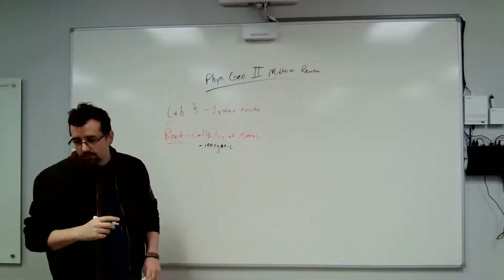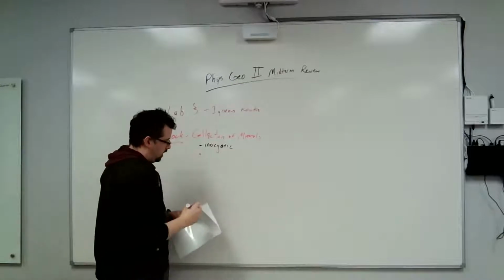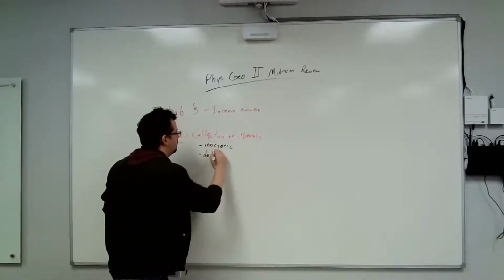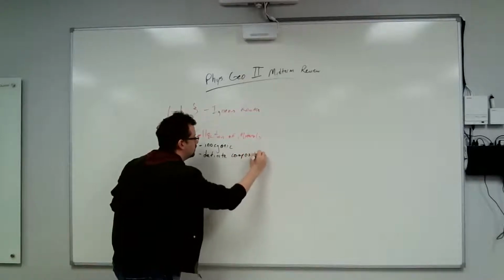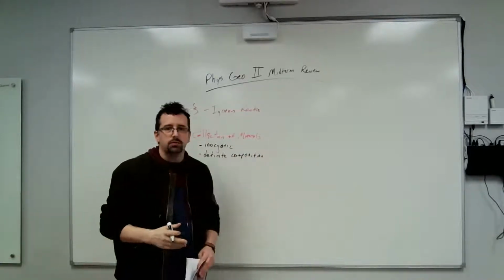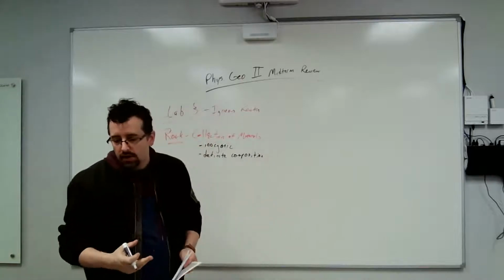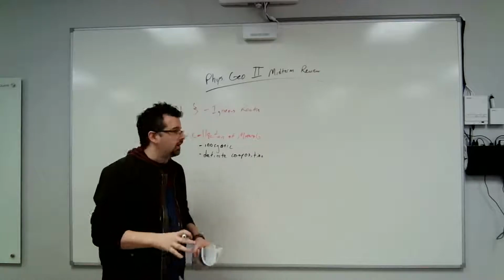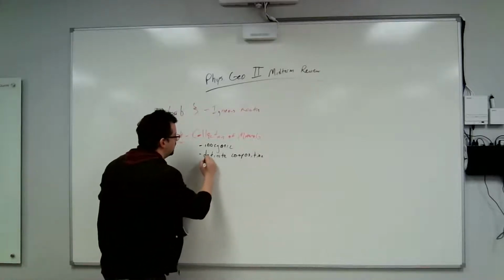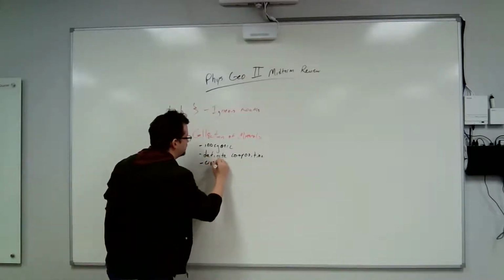They have a definite composition, which means the molecules that make these up, you can typically find those throughout the rock. They have a composition, and then they have a crystalline structure that is defined.